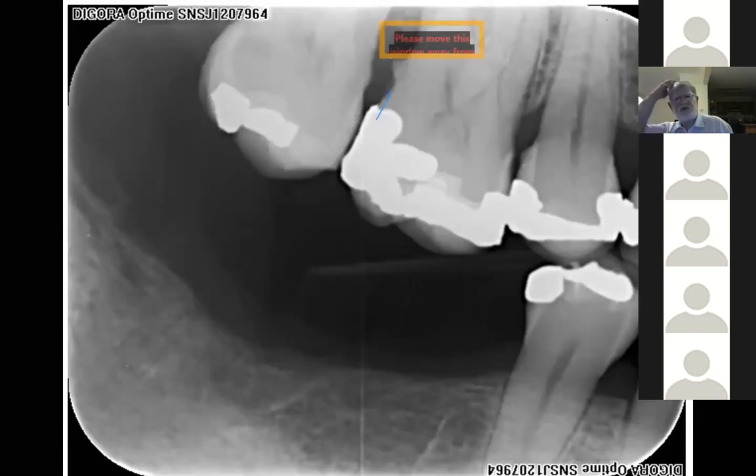This patient presented with soreness up quadrant 1 towards the back. We had a look, the bite ring showed nothing. We took another radiograph going a little bit further back because a lot of the tenderness was distal to the 7 area.